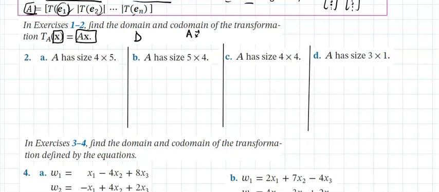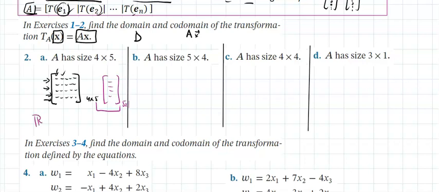So if matrix A happened to be 4 by 5, right? So if I have 4 of those and 5 of those, if I'm going to input x, what must x be for this to work? Don't the inners have to match? Doesn't that mean that the input has to be 5 dimensions?